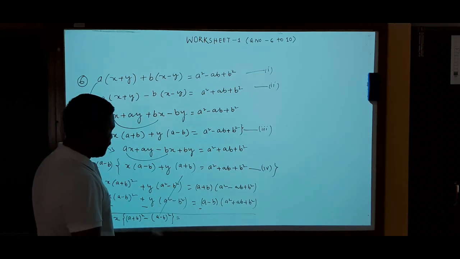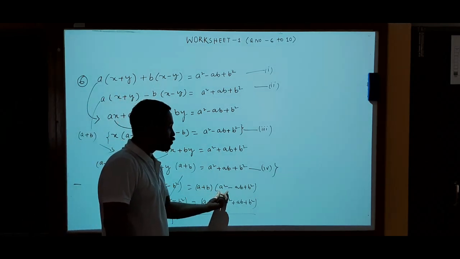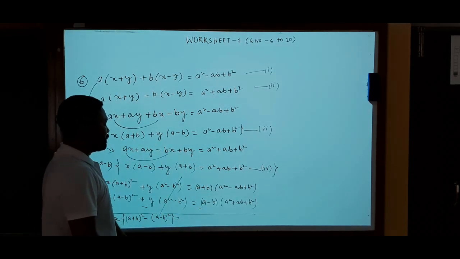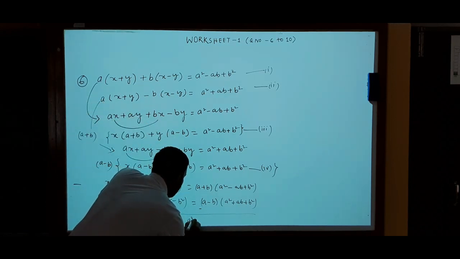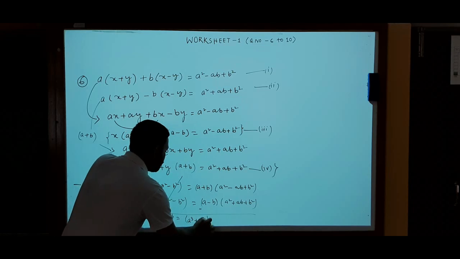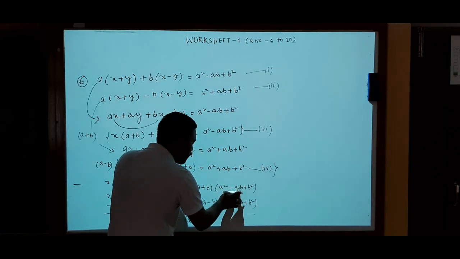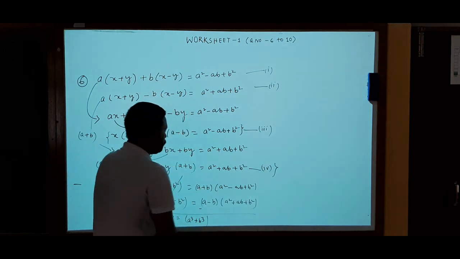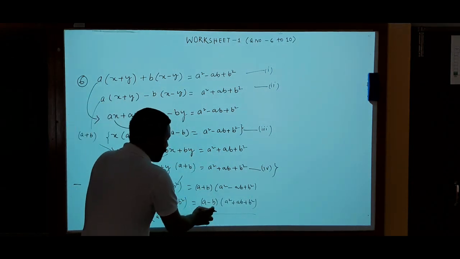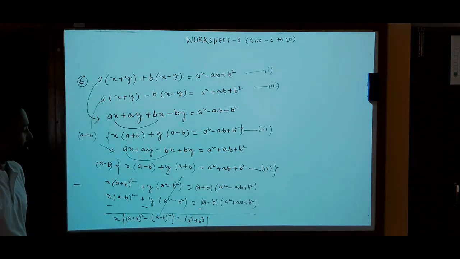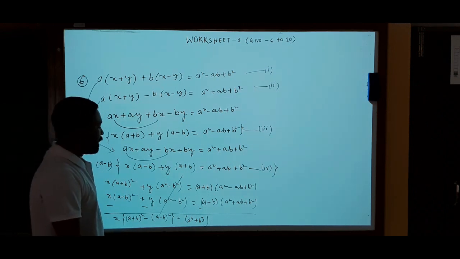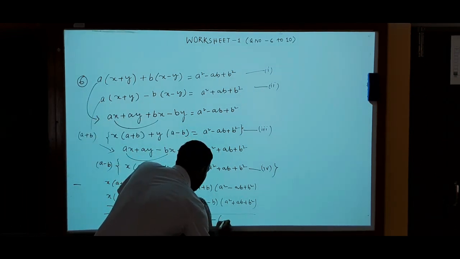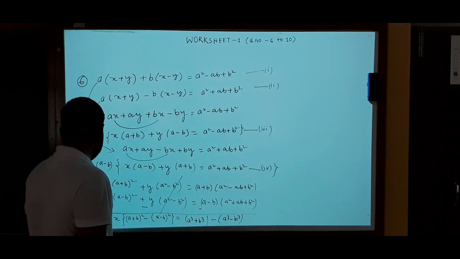Now, if you remember the identity, (a + b)(a² - ab + b²) is the identity of a³ + b³. Yes or no? And this one, (a - b)(a² + ab + b²), similarly, is the identity of a³ - b³. So I'll write here a³ - b³, right?